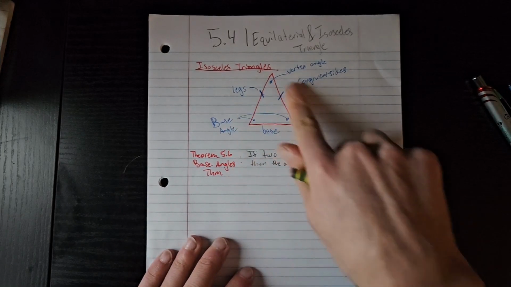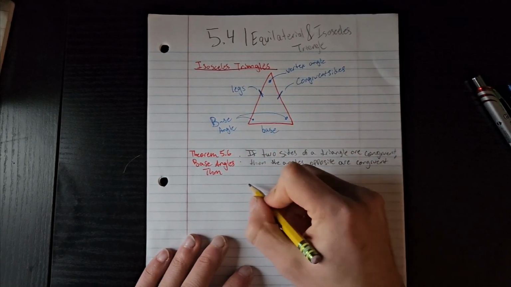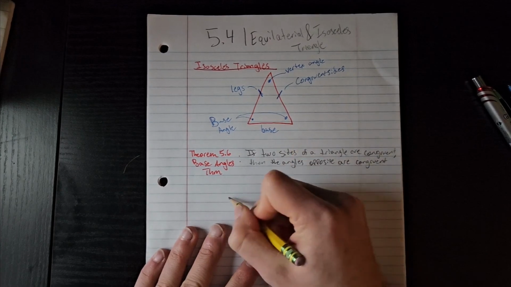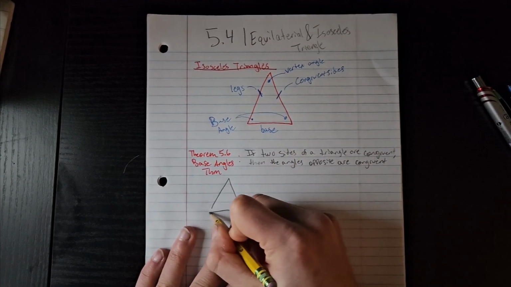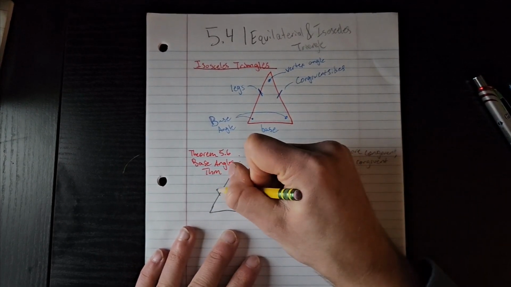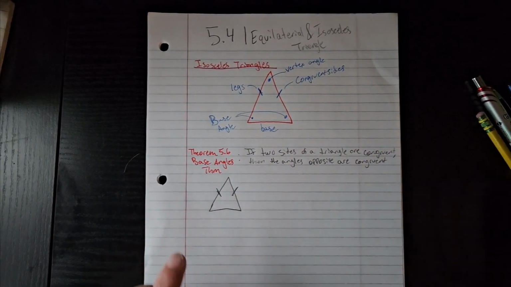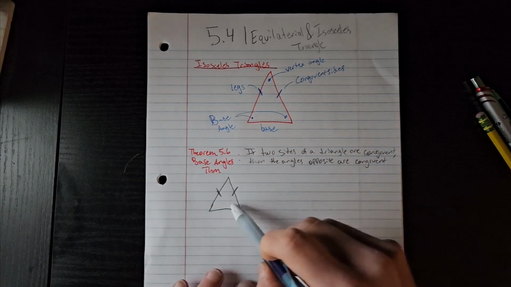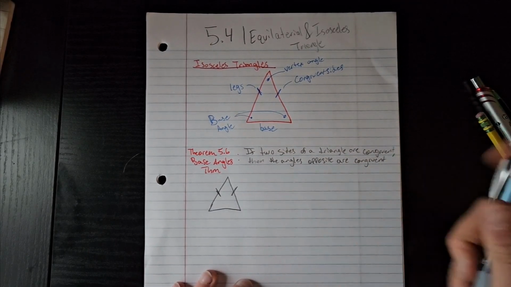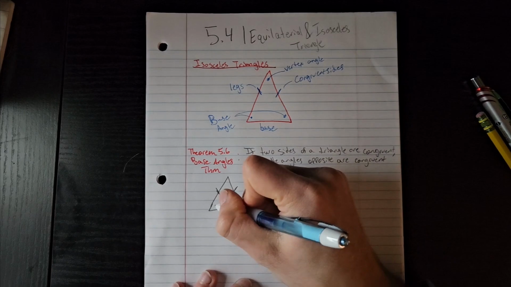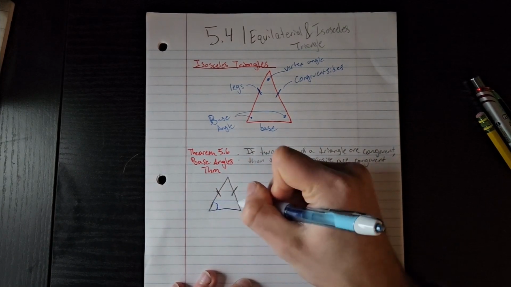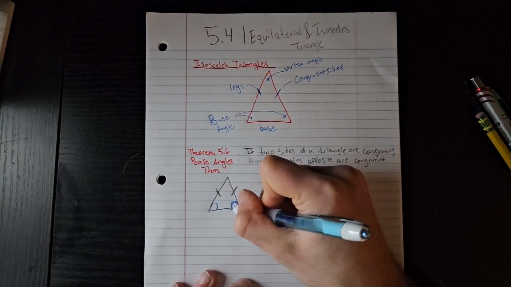So take in consideration this up here. We'll actually draw out an isosceles triangle, and I'll put it down here. What this theorem is stating, and what we have already, is the tick marks right here on the sides. So these two are the same. So if we have congruent marks, then we are saying that these two angles down here, the base angles, are congruent with each other.